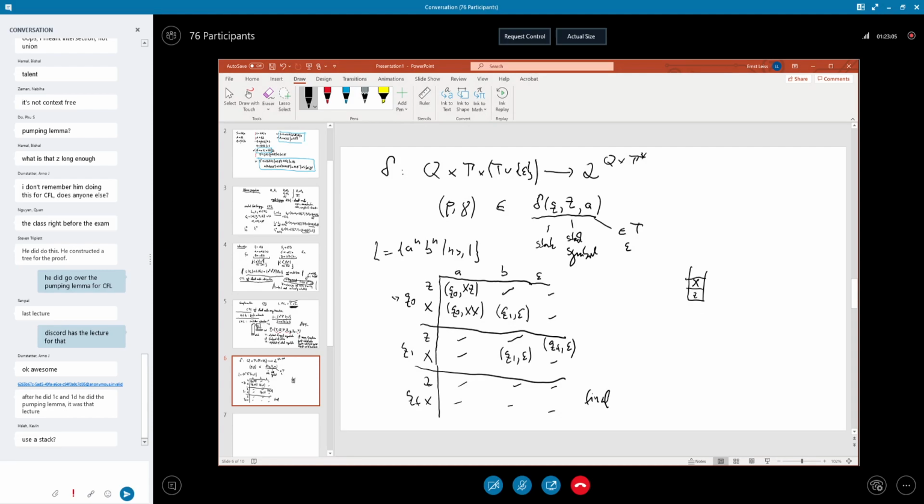So what does it mean we accept? Well, we can accept by final state, which we have here. So in that case, if we end up in that final state QF, and of course the assumption is always that we consume the entire input.